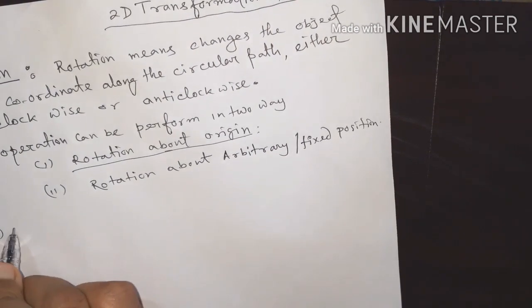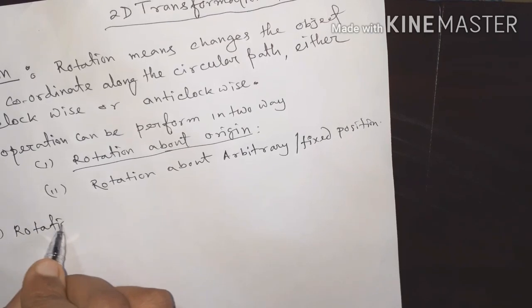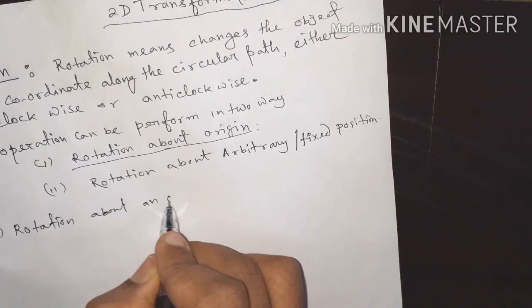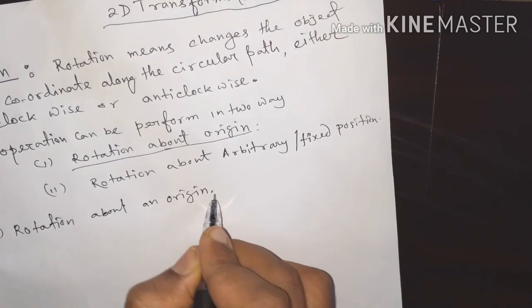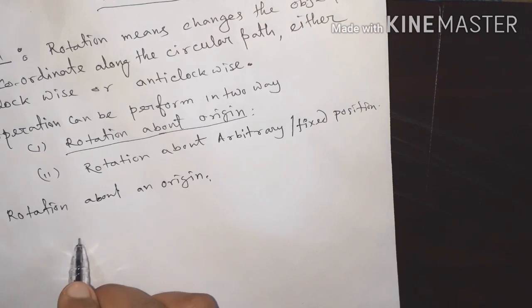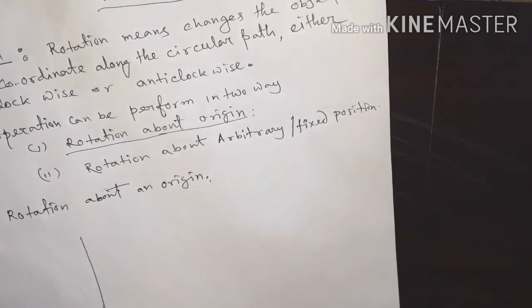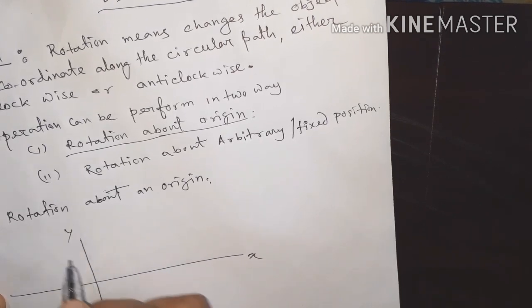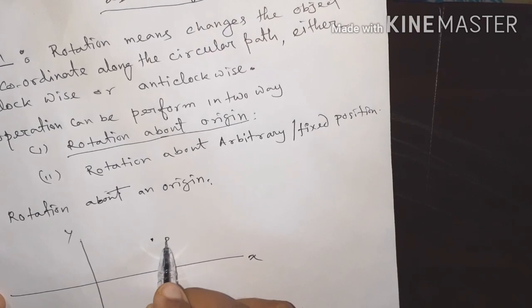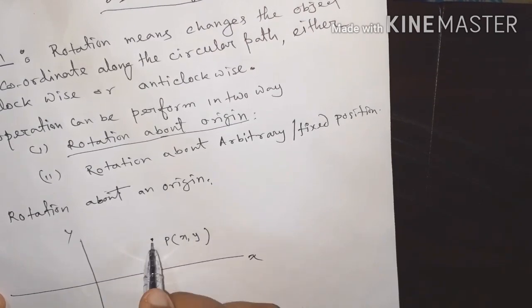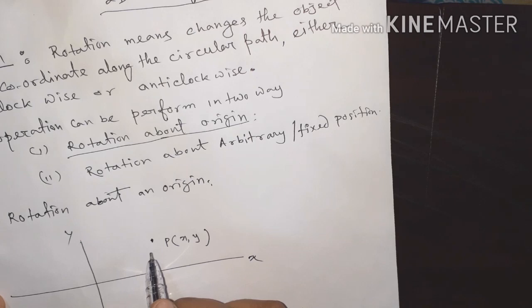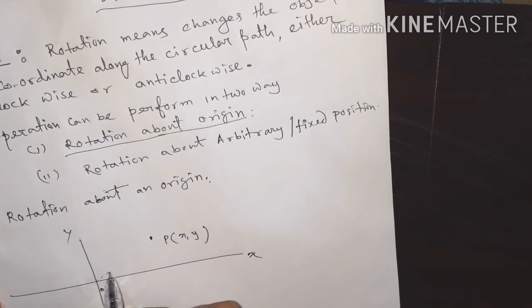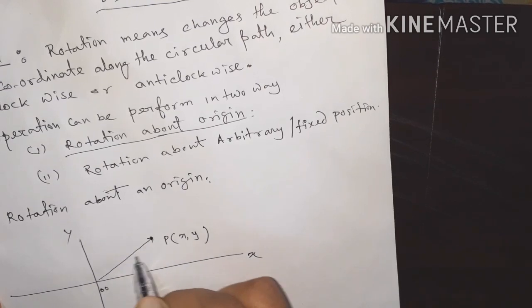Suppose a point is placed on a 2D plane, that is the xy plane, with location P(x, y), and also consider the distance from the origin, which is r.